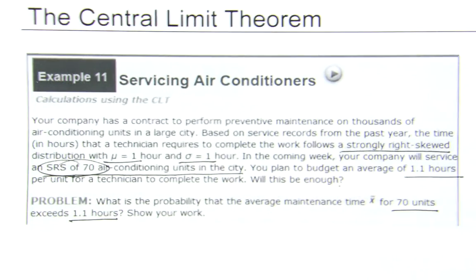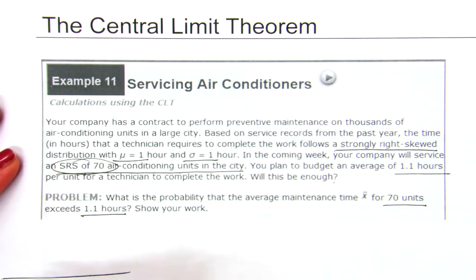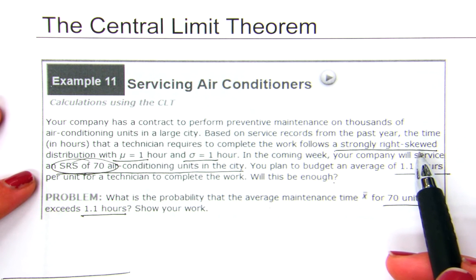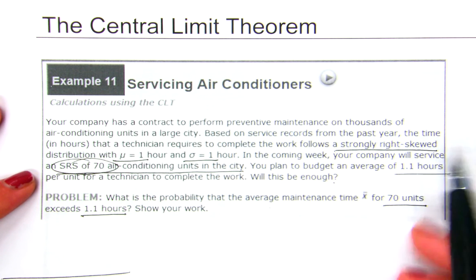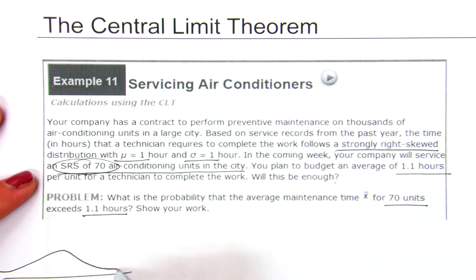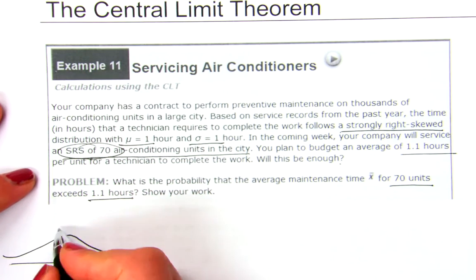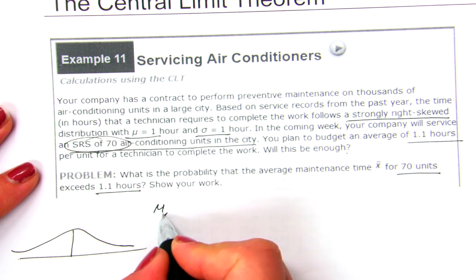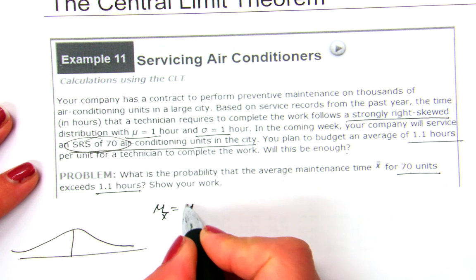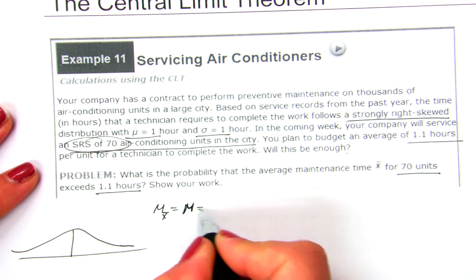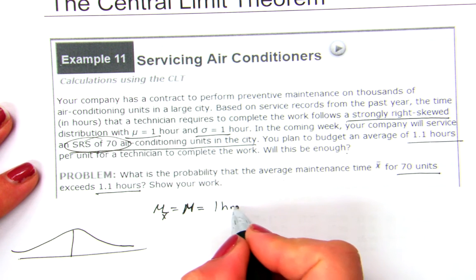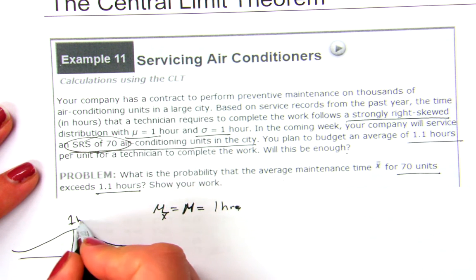So this is pretty much the same thing that we just did in the previous one. Even if strongly right skewed, the central limit theorem states that eventually it will become normal. So our mu of x bar is still going to be the same as the mean of the problem, in this case 1 hour.